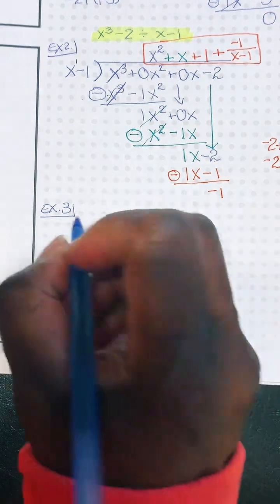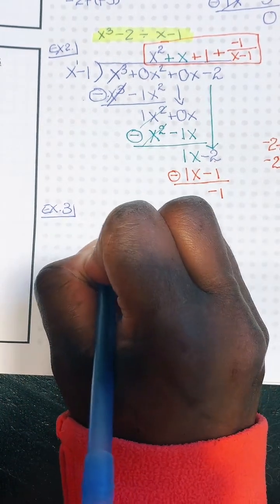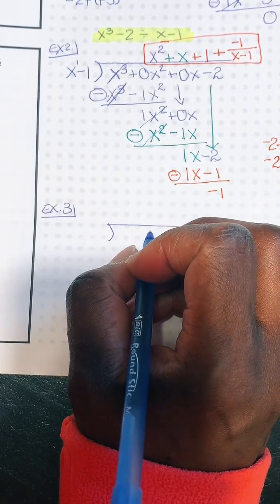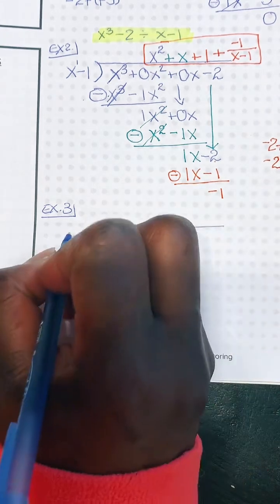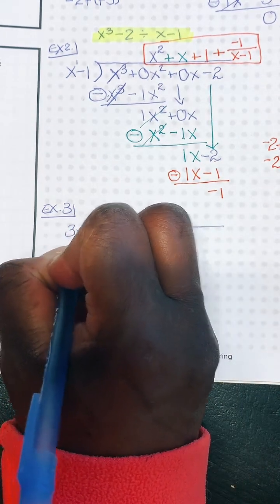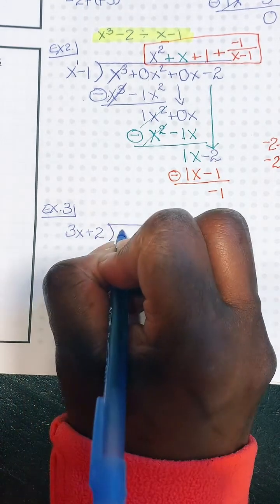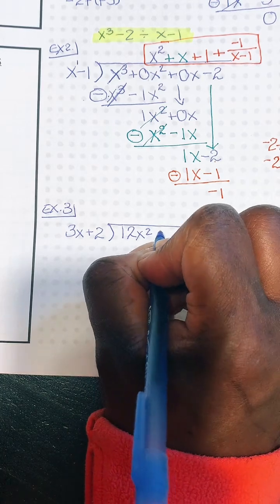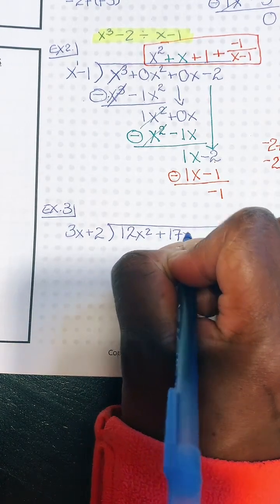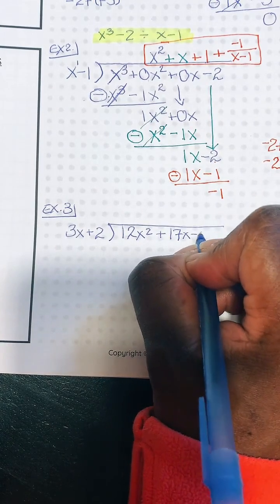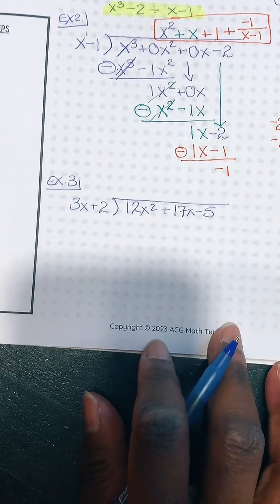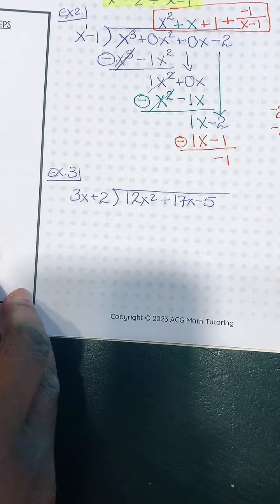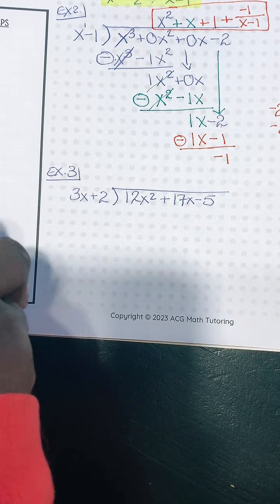All right, so we have, as my divisor, 3x plus 2. Then I have 12x squared plus 17x minus 5. And you're probably like, oh, dear God, Audrey, what are you doing? It's okay. Synthetic equals fake. I know.